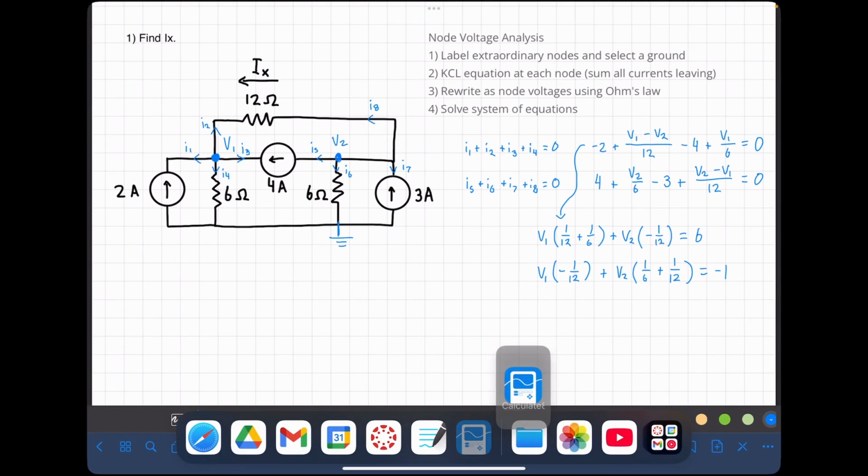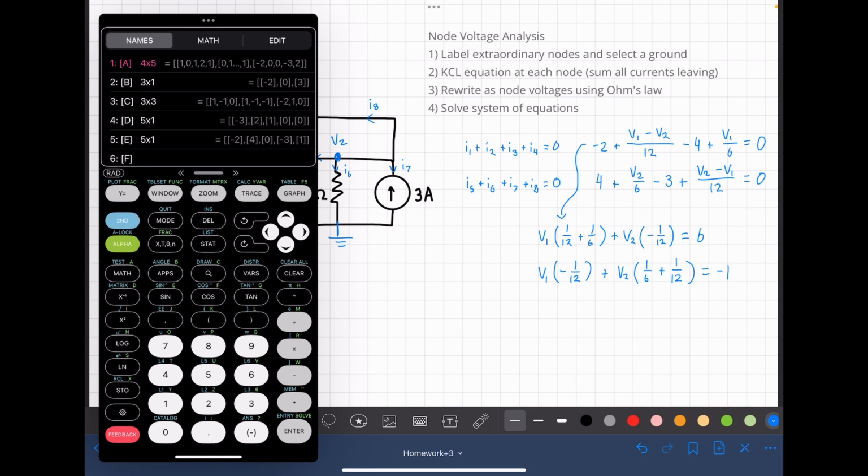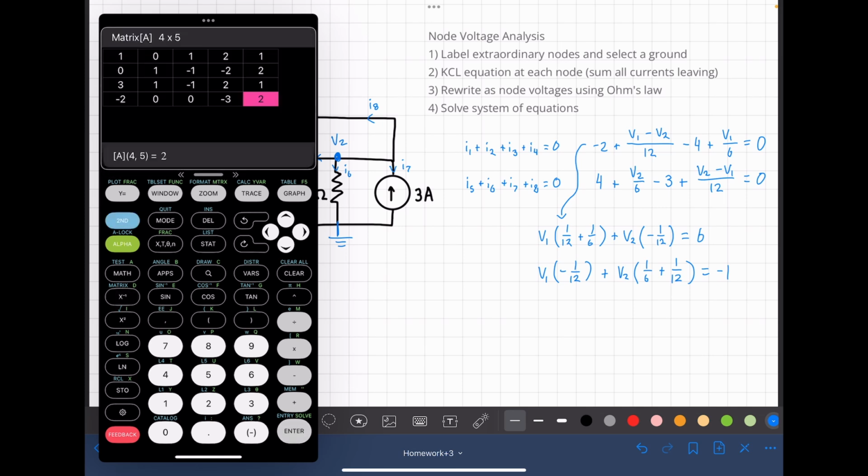So this is now in a form where I can very comfortably open my TI-84 and get matricing. Let's see, this is a two variable system, two equations, so we're going to have 2 rows, 3 columns. Column 1 will be our V1, column 2 will be our V2, and the third column will be our constants.